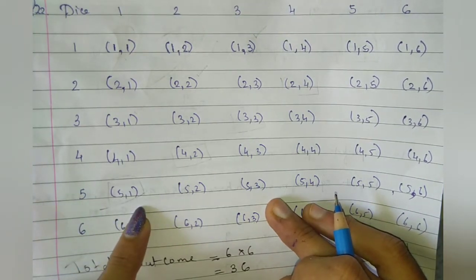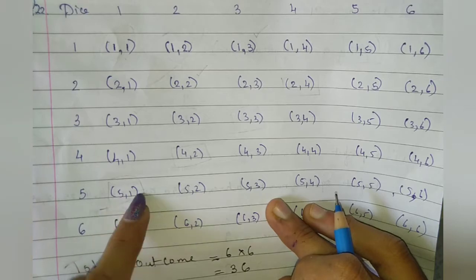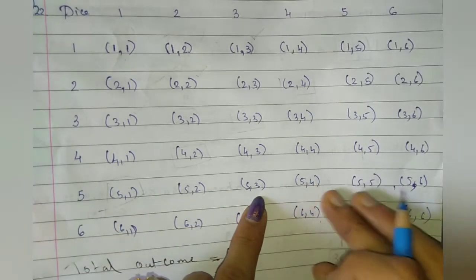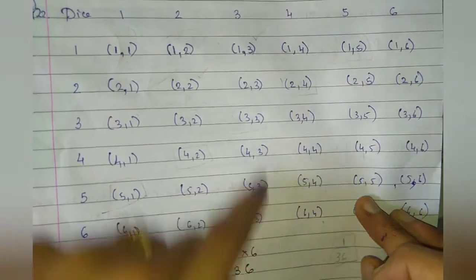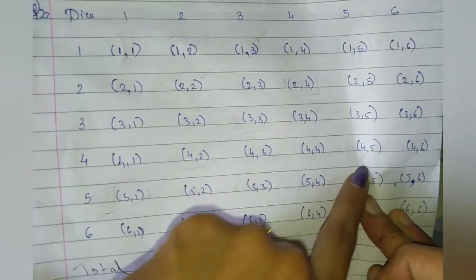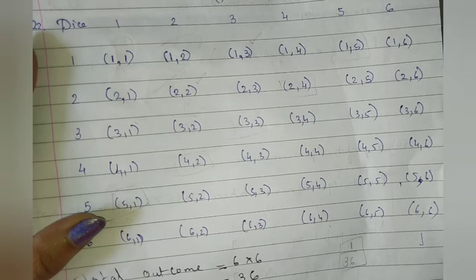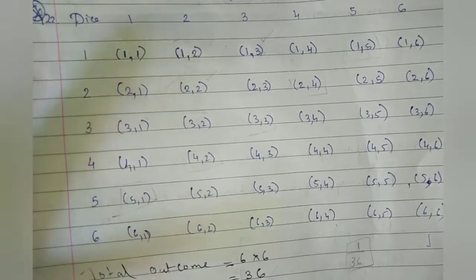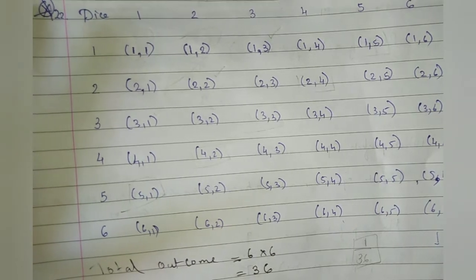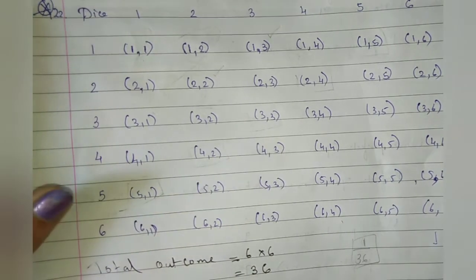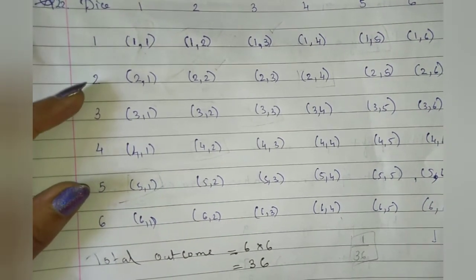Another thing we also have to take: 5 1, 5 2, 5 3, 5 4, 5 5, 5 6. So first we'll write the number of outcomes in which 5 will come, after that we'll think about the first question.